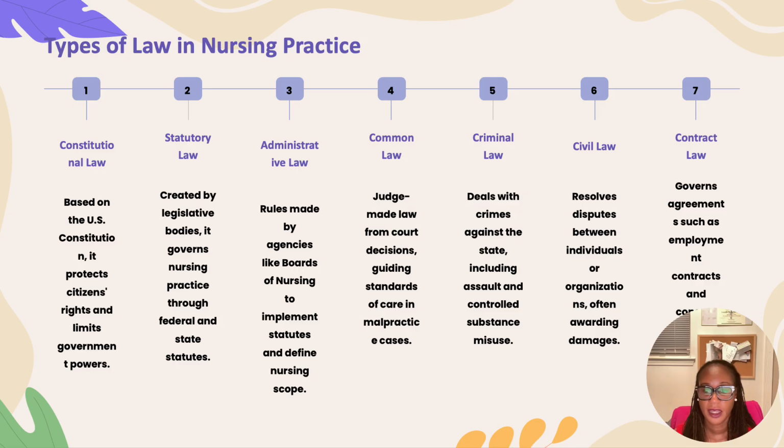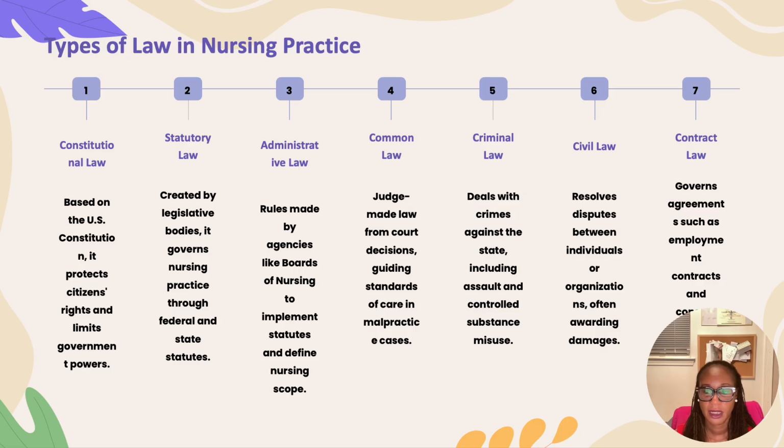So some key functions are to enforce standards, issue licenses, conduct investigations, and impose penalties as well. For example, the CDC issues guidelines during a public health emergency. Nursing licenses are regulated by the state board under administrative law.